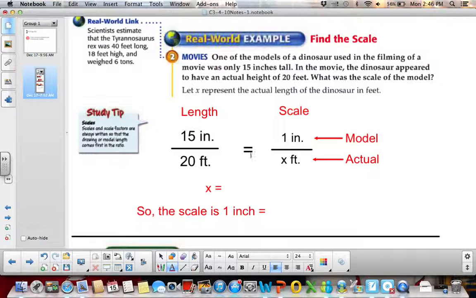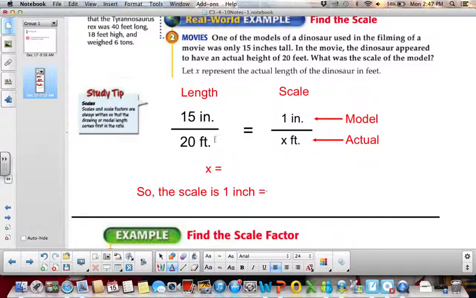Because we're comparing inches and feet, we know that our scale is going to be 1 inch equals however many feet. I know we're only given 2 numbers, so we can assume that the scale has to be between inches and feet. That's how I got this right here.